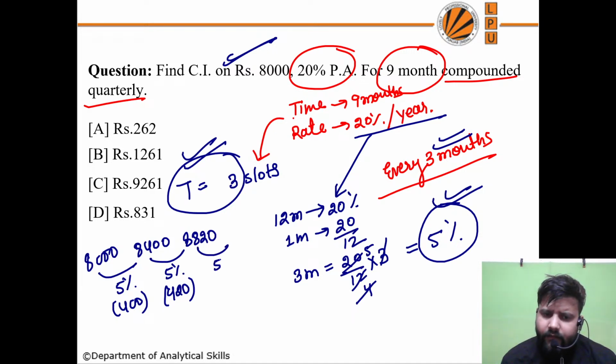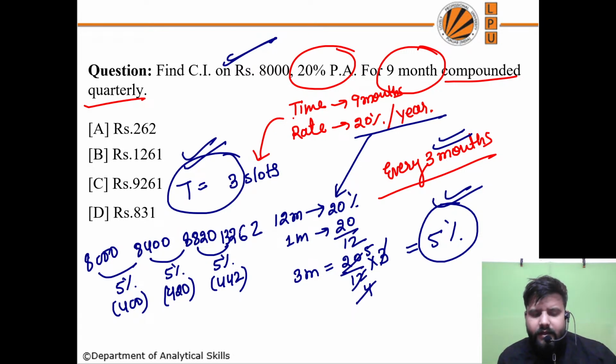So now after it, 5% is there again for the third period. So 5% of this would be how much? 882 by 2. It is 441. Getting it? So finally it will give you the value 9261.